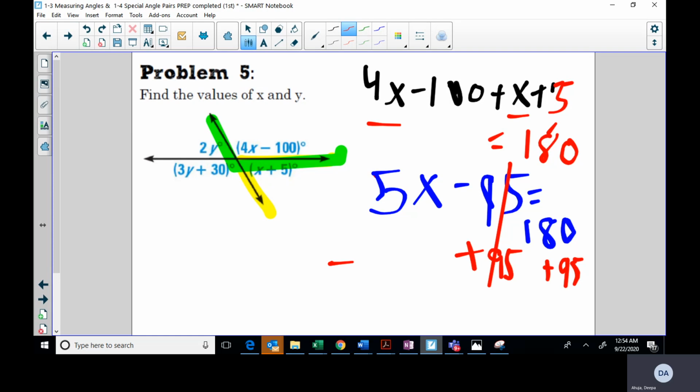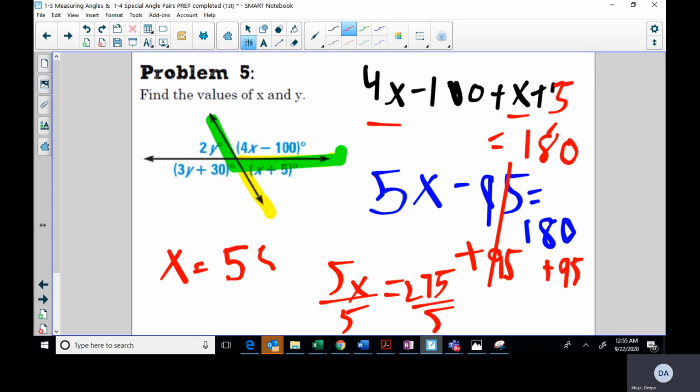You're left with 5x is equal to 275. Divide by 5. Divide by 5. x is equal to 55.